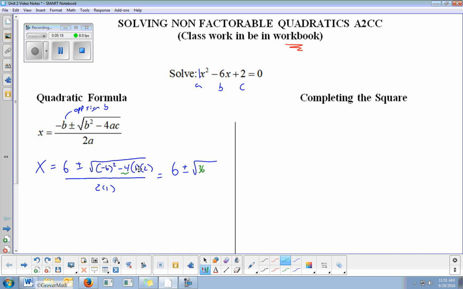And negative 4 times 1 is negative 4, times 2 is negative 8. So I end up with 36 minus 8 over the whole thing. 2 times 1 is 2. X equals 6 plus or minus the square root of 36 minus 8 is 28 divided by 2.